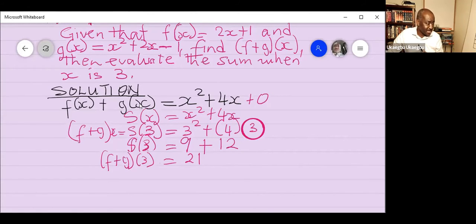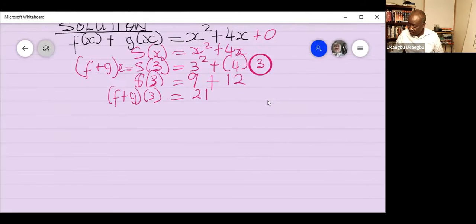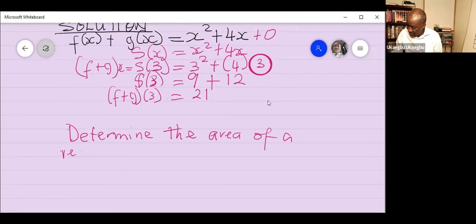Okay, so a question can be of this form. Determine the area of a rectangular lawn shown below.